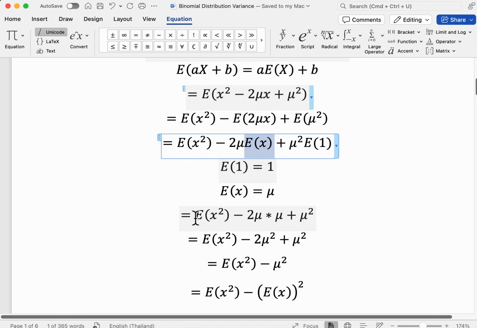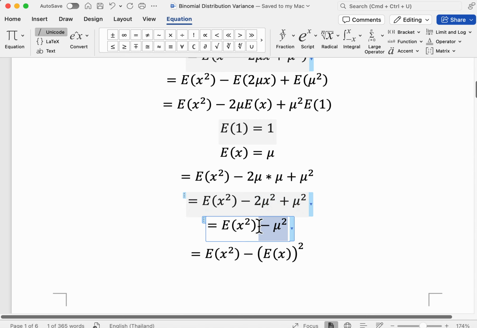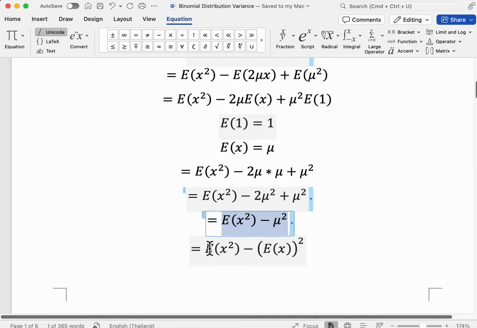And so we get E of x squared, the second raw moment, minus 2 mu times mu plus mu squared. This cancels, and we get a single minus mu squared. So the variance is the same thing as the expectation of the x squared variable minus the expectation itself being squared, which is just a fancy way of describing averages in terms of probabilities.